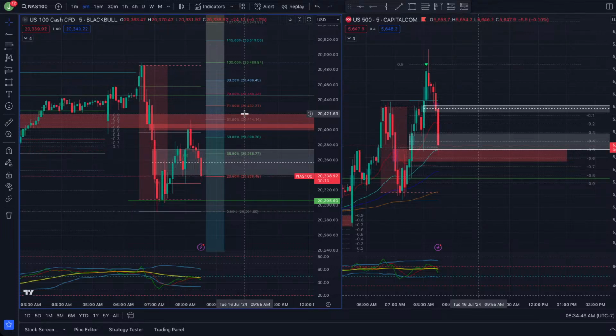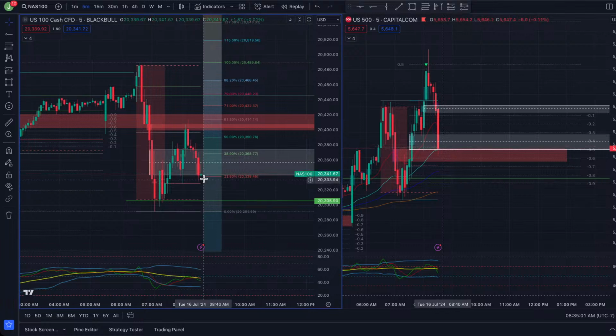Candle close. US 500 still in that fair value gap. Same thing with NAS. I think this next candle is going to be a telling one.